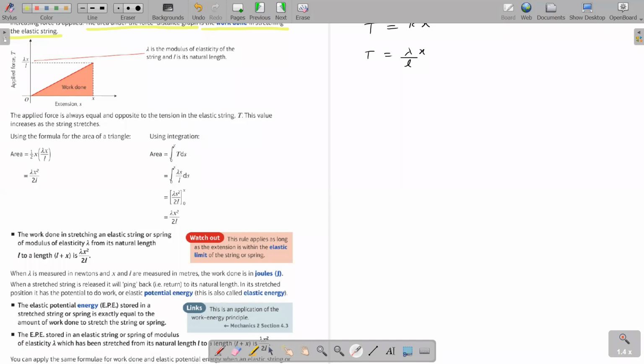So when you integrate, now T is a constant. Okay, so we use the letter s here. They're integrating with respect to s, like the stretching of the string. Okay, so T is a constant which you can take out when you integrate. What do you get here? T ds. Okay, they're just randomly using a letter here.